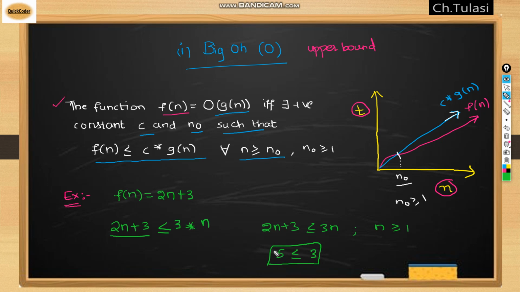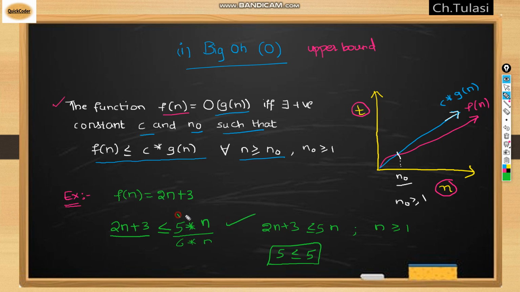Here it does not work. Let's change 3 to 4. With 4, 5 is not less than or equal to 4. This also does not work. So let's take 5. 5 into 1 is 5, and 5 is less than or equal to 5. So 5 into n, 6 into n, all of these work.